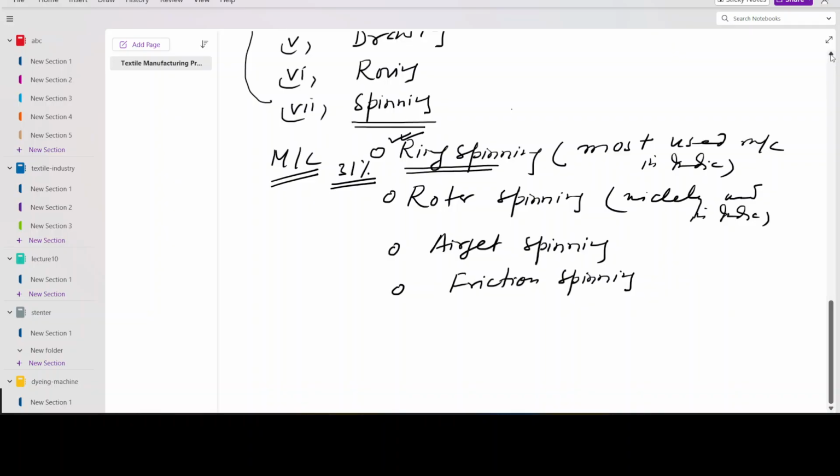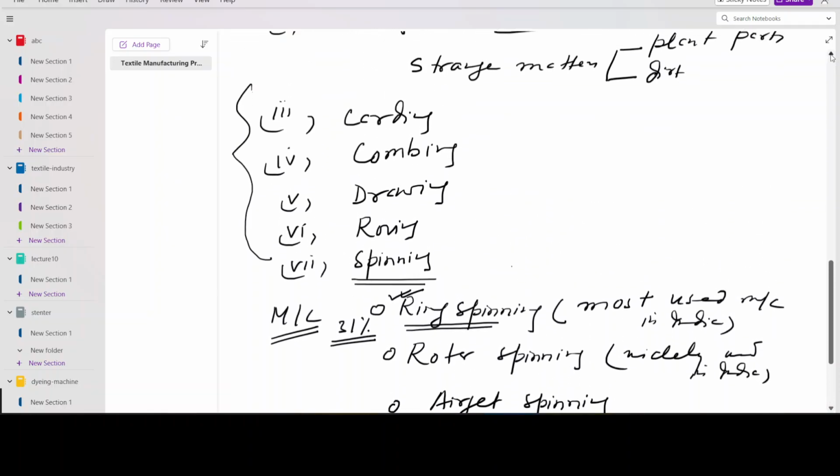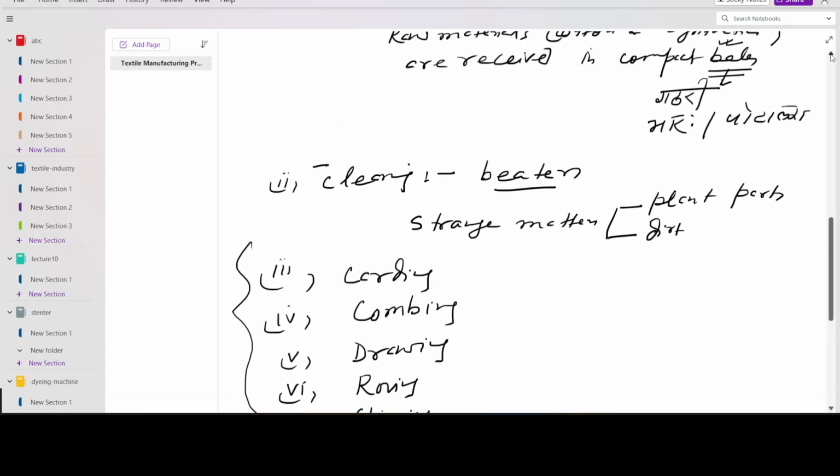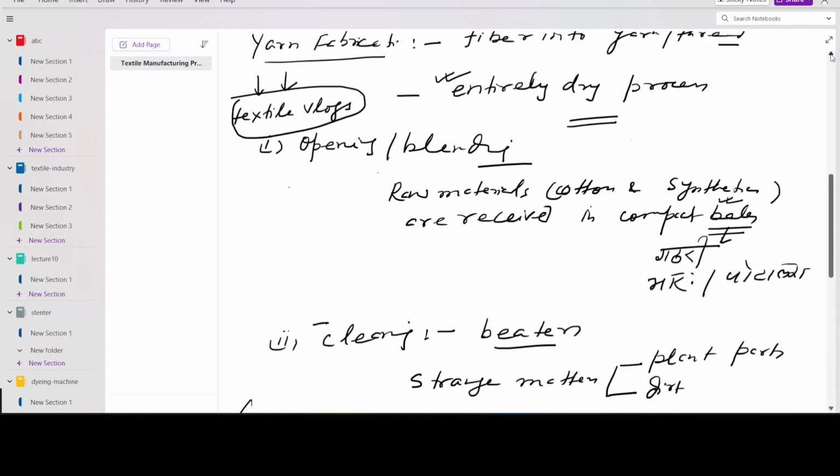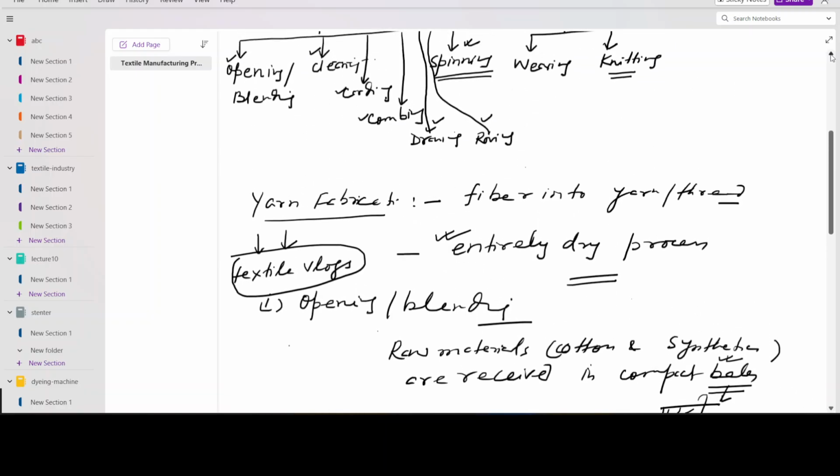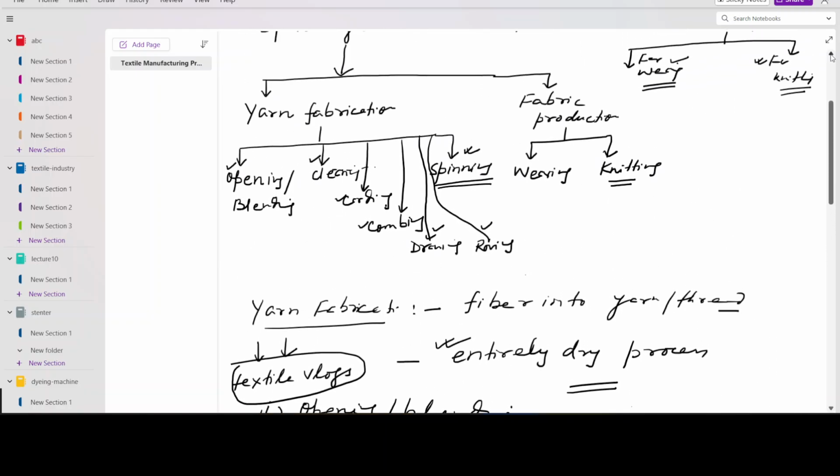Then just now we have completed yarn fabrication. Next we will see fabric production.